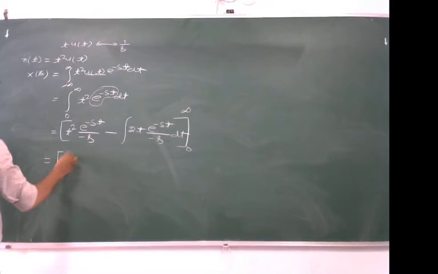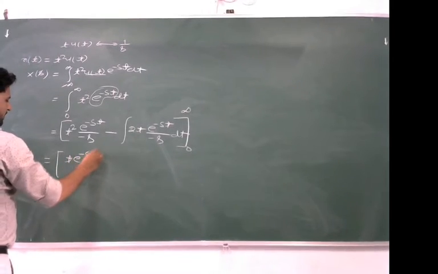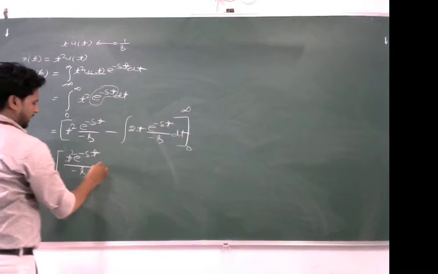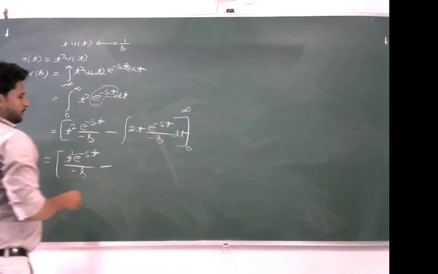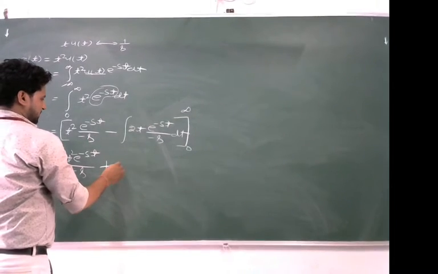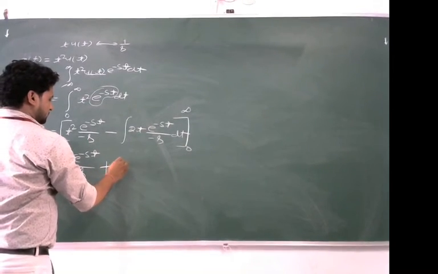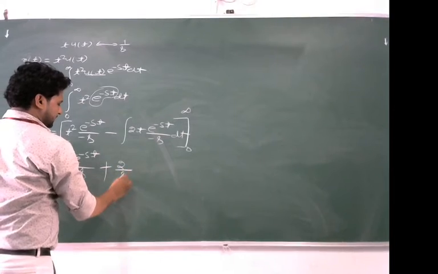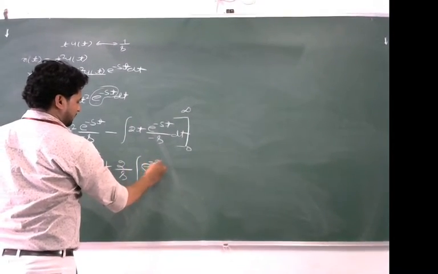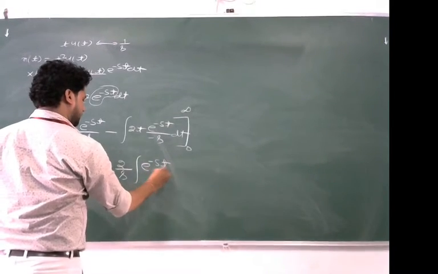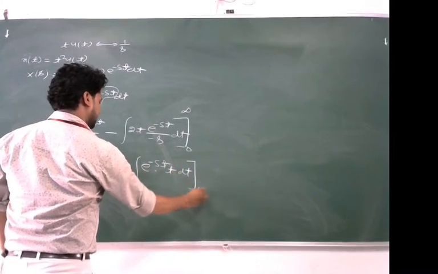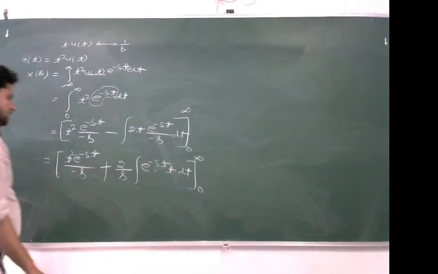This is t square e power minus st upon minus s, minus, and this minus I will write as plus, so this will become 2 by s into the integration of e power minus st into t dt, with the limit remaining from 0 to infinity.